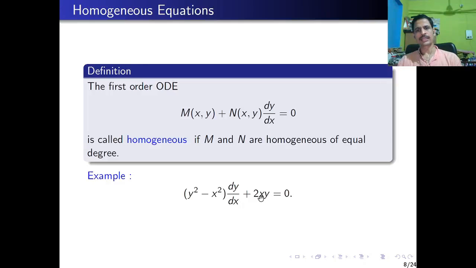You can clearly see that the degree of homogeneity of M is 2. And what is the degree of homogeneity of N? The degree of homogeneity of N is again 2. So since both M and N have the same degree of homogeneity, namely 2, this is a homogeneous ODE.